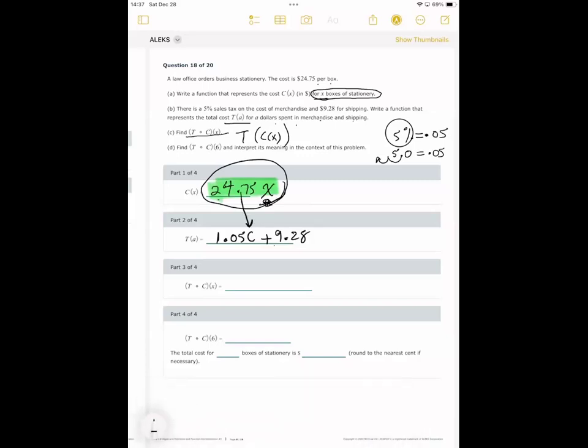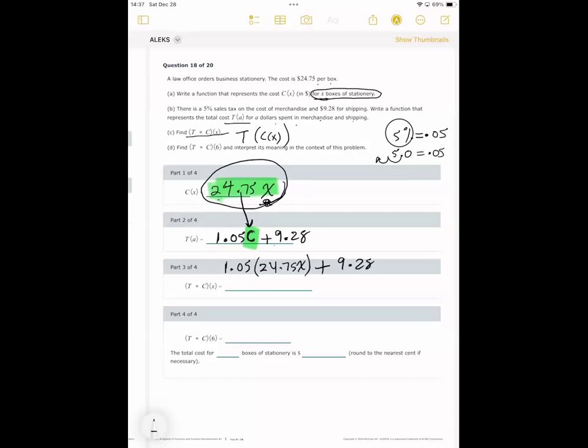So you get 1.05 times, instead of C, I am going to put the green C, which is 24.75x, plus 9.28. So you can't leave it like that. You need to multiply these two.